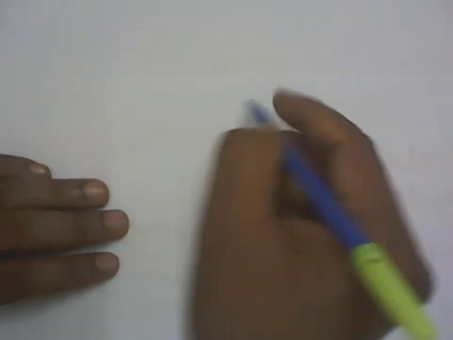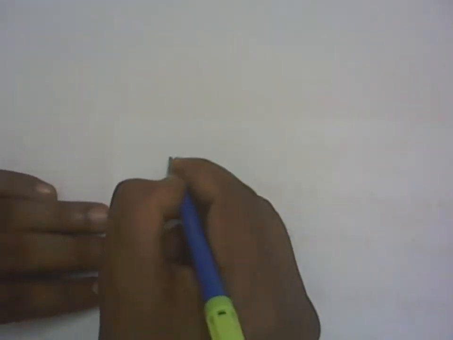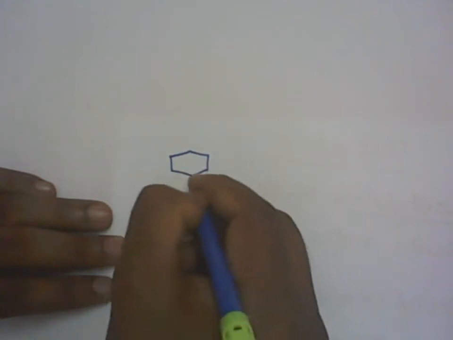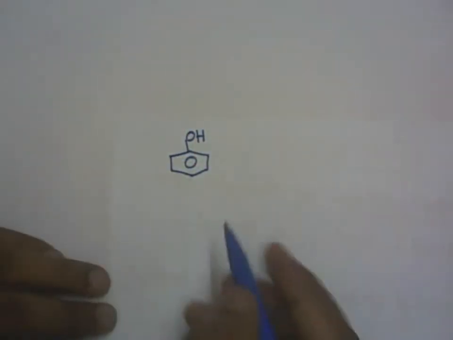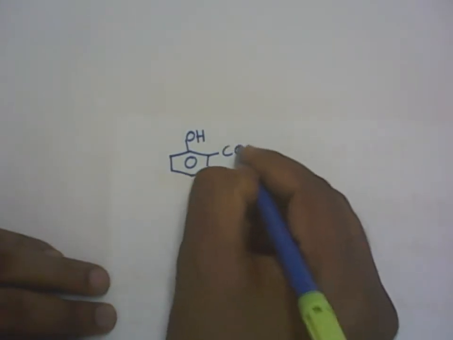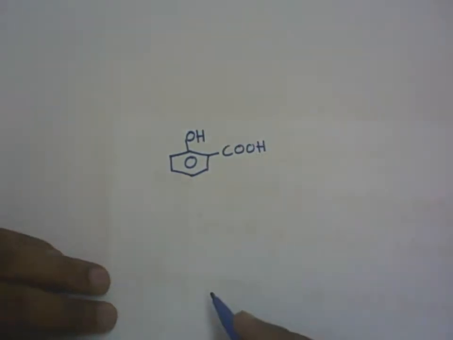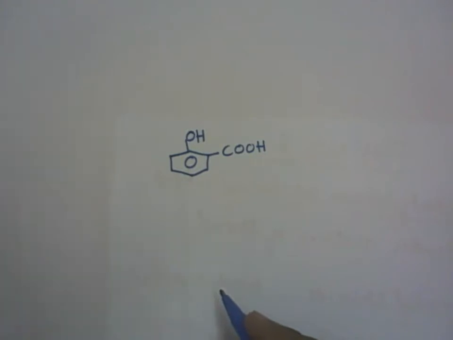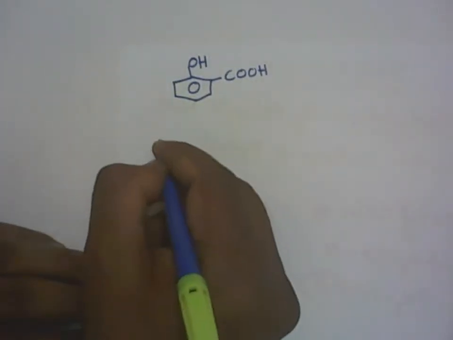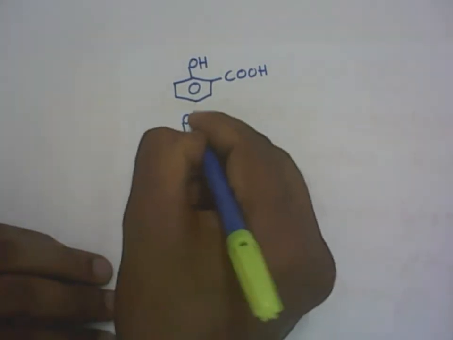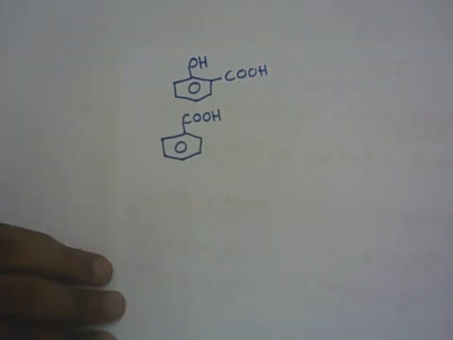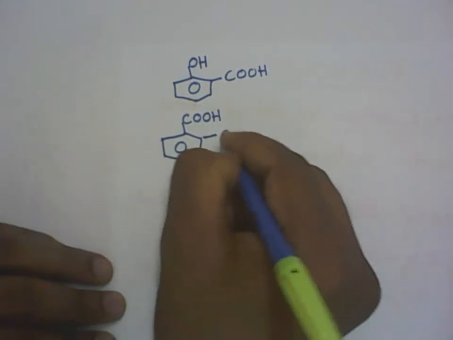What is the formula of salicylic acid? Salicylic acid is a benzene ring attached to OH. In the Kolbe reaction, at the ortho position we get the carboxylic acid from carbon dioxide. So now I will rotate this structure and interchange the groups. We have COOH, then OH I'll write here.